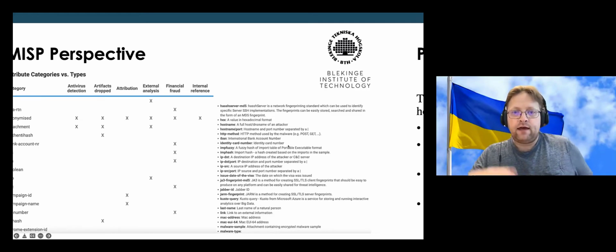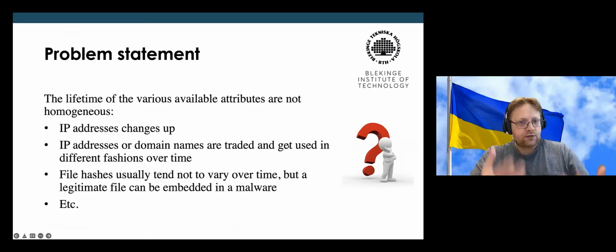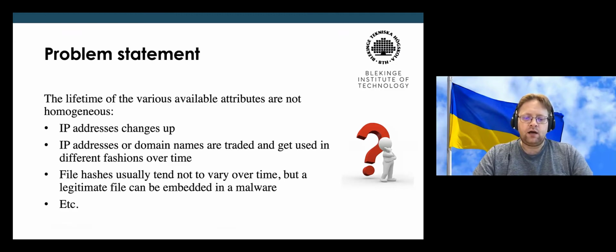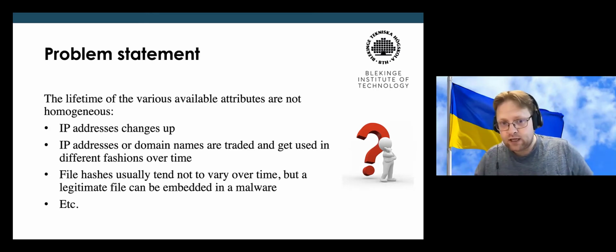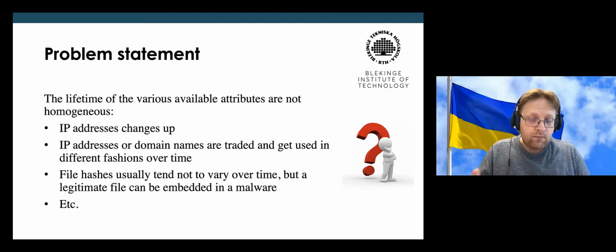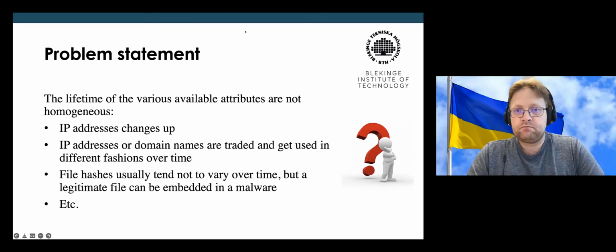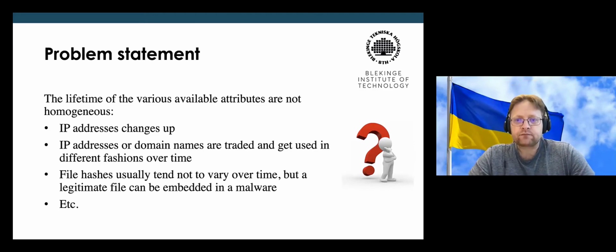And the lifetimes of various available attributes are not the same. I mean that an IP address changes. Domain names could be sold and reused. Maybe a domain was stolen, but returned to the owner, and so on. So different lifetime, different confidence.